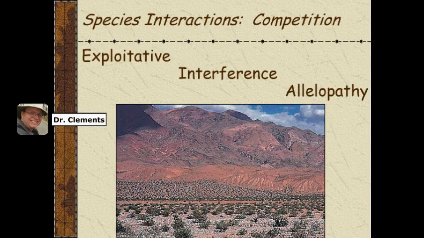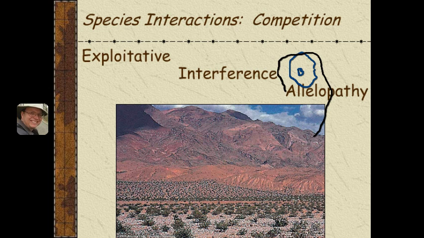All right, we're getting back to this idea of what happens when you have, and you'll recall we had species B, and species B had a certain amount of niche that we identified like that, and then we had species D come in, and species D almost completely overlapped species B in terms of its niche.